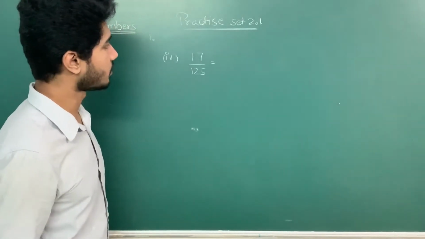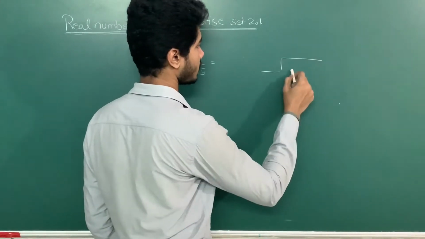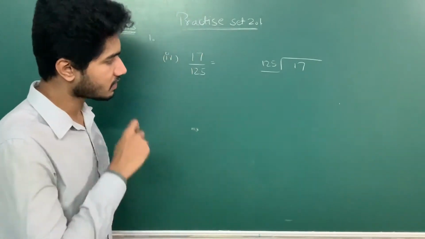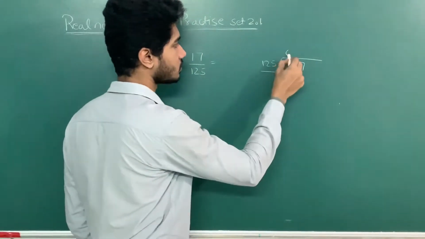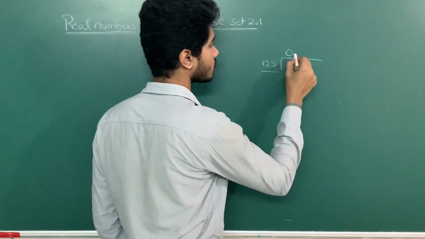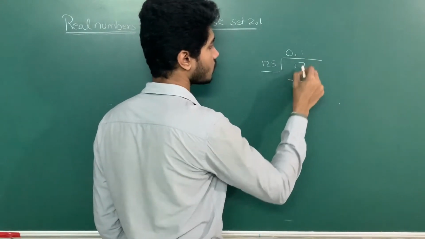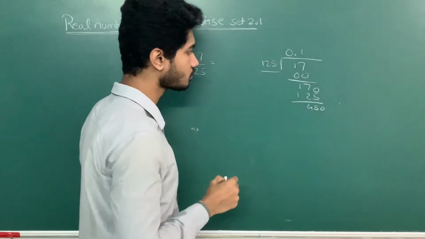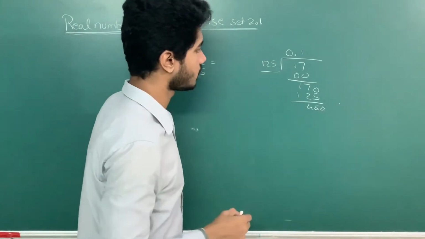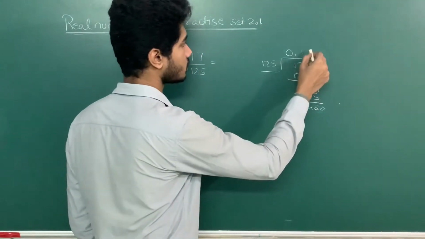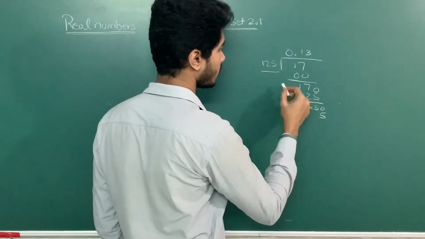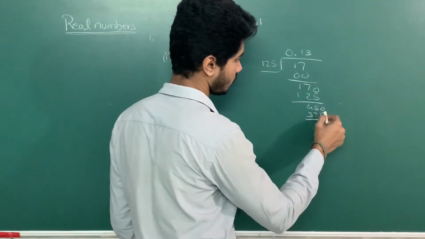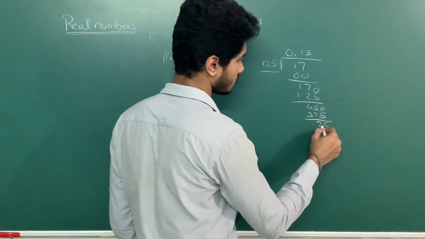Fourth question, 17 upon 125. So you can write this as 17 and 125. So when you divide this, you start with 0. You take a decimal. So 1s are 125 and you get 450. 3s are, you get 375 and 75. You get 750, that is 5 and 7, 0.